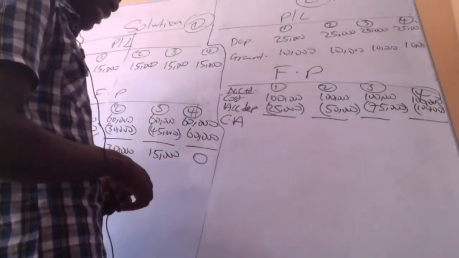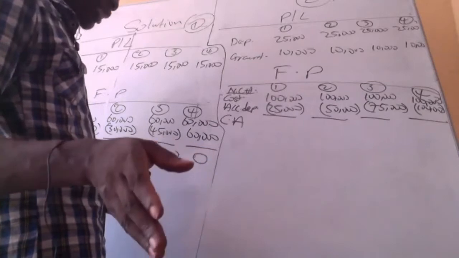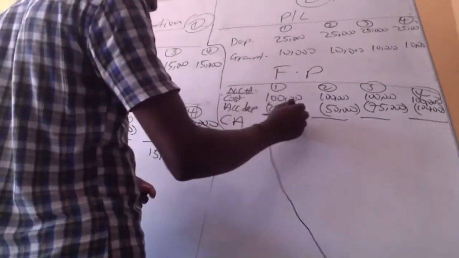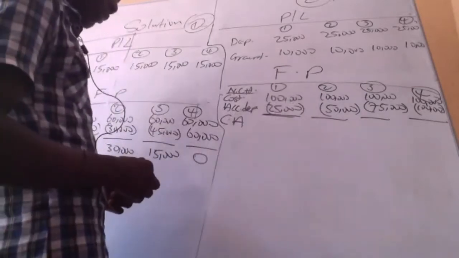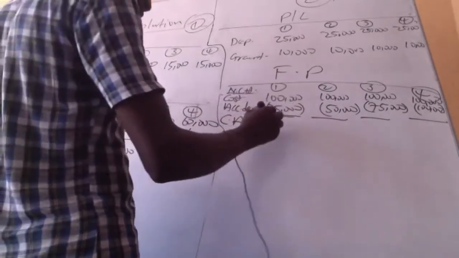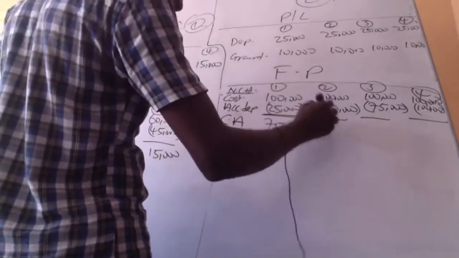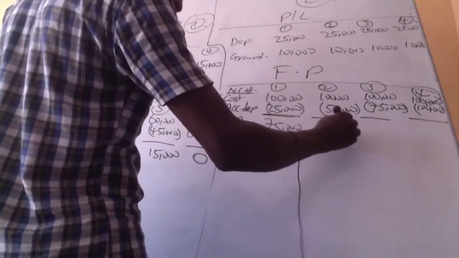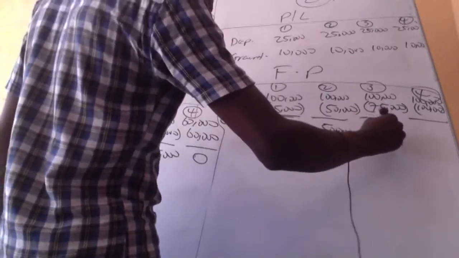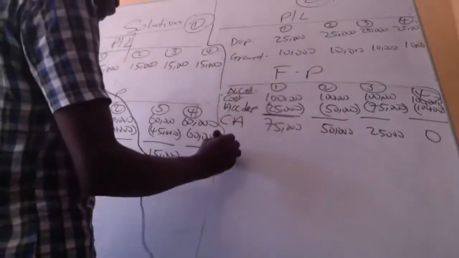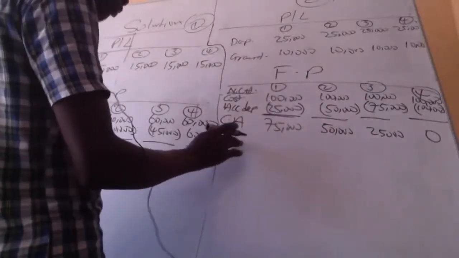Now when you subtract, you get 75,000, that's the carrying amount. Here will be 50,000. Here will be 25,000. And finally, 0, because 100 minus 100 is 0. You are done. Let's go to the current assets.